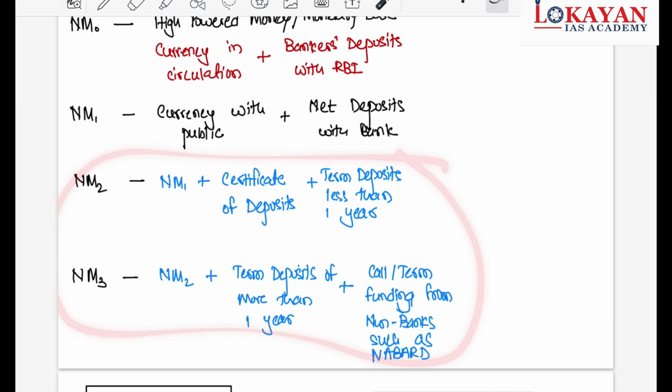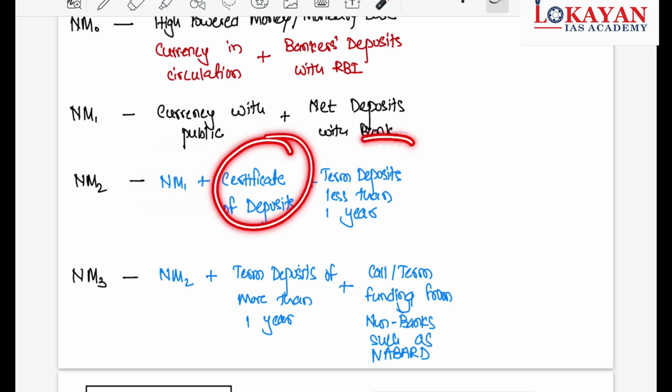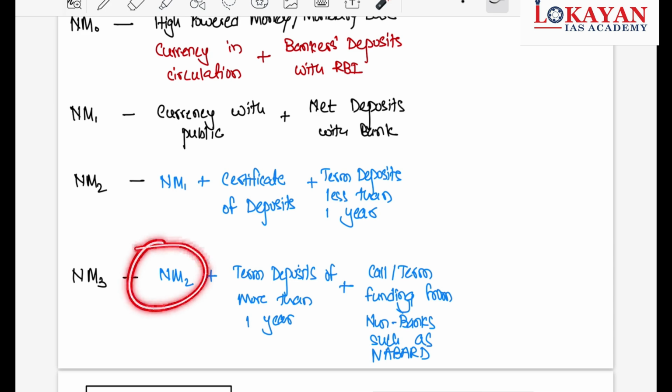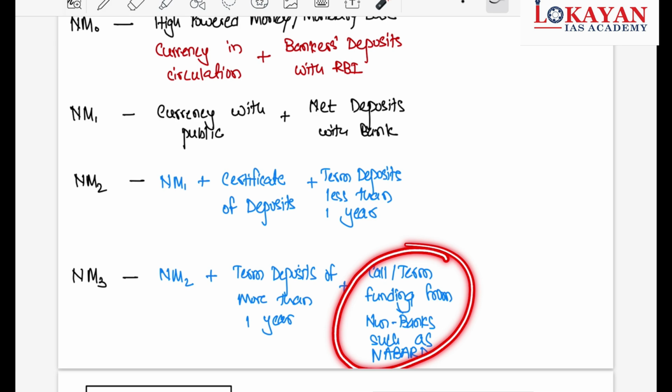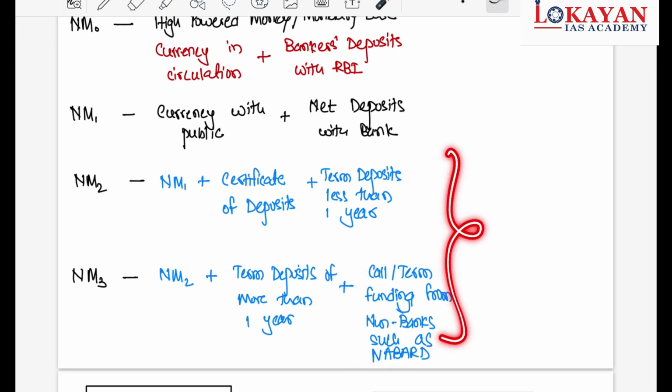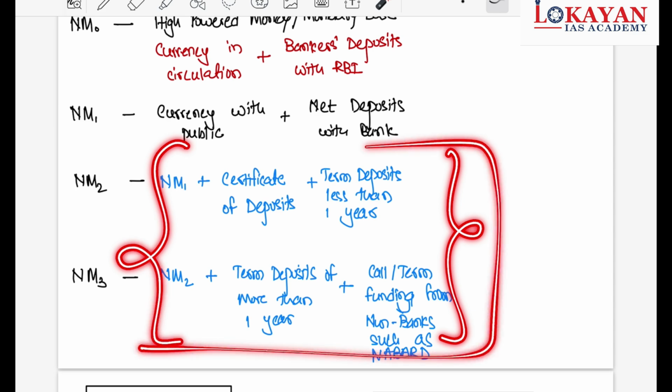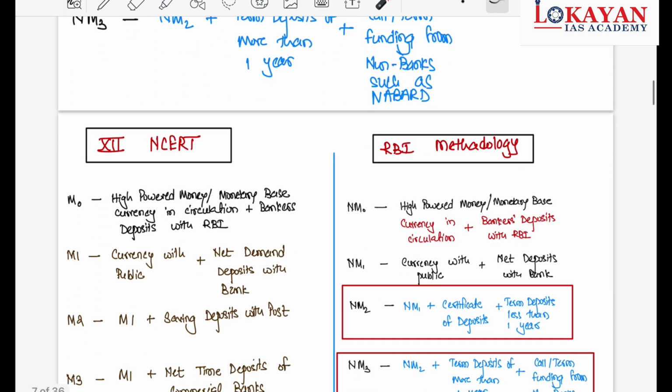That's why I have written it in blue ink. NM2 includes NM1 and certificates of deposit and term deposits of less than 1 year. NM3 includes NM2 plus term deposits of more than 1 year and call term funding money from non-banks such as NABARD. This is the crucial difference you must understand. Let's see it comparatively.